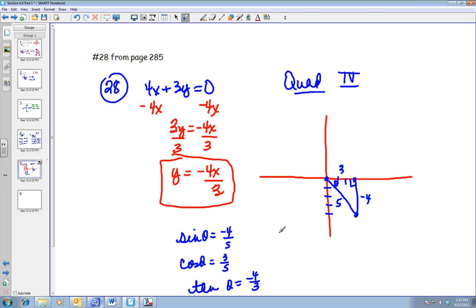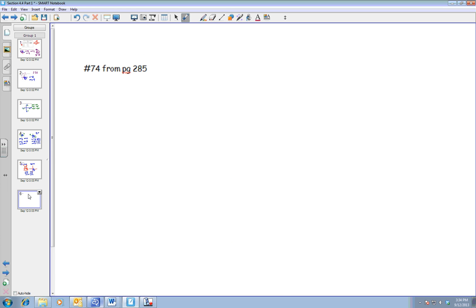And now I'm going to find the reciprocals. Cosecant, 5 over -4. Secant, 5 over 3. Cotangent, 3 over -4.